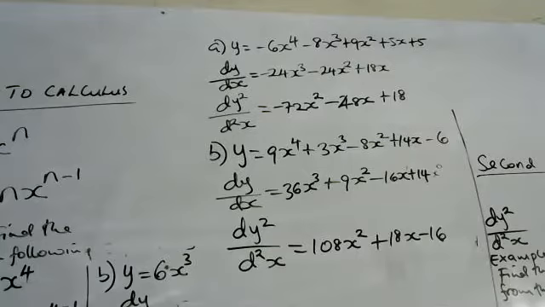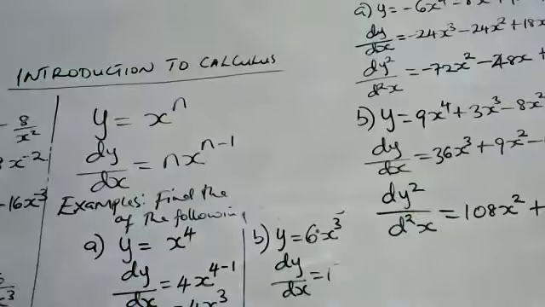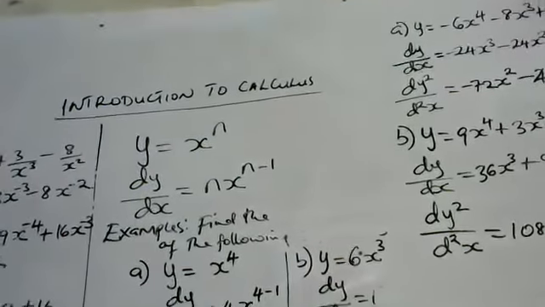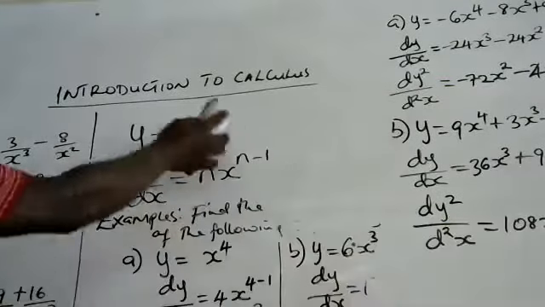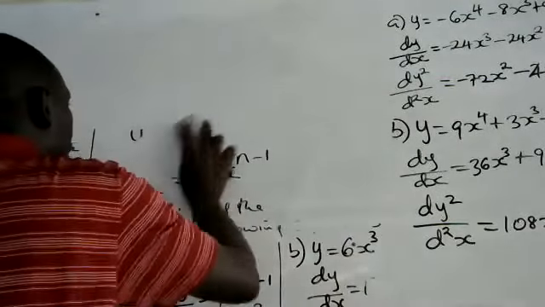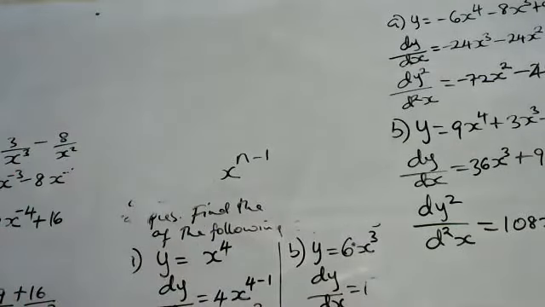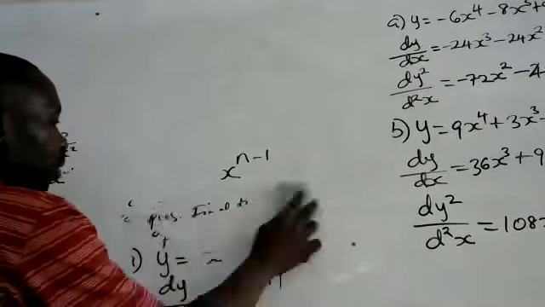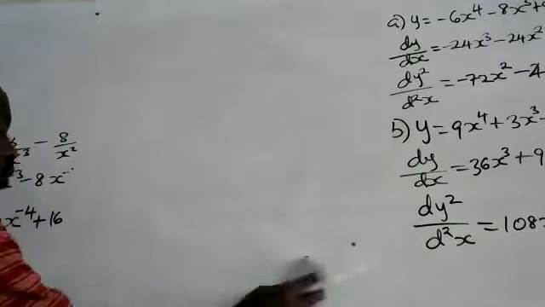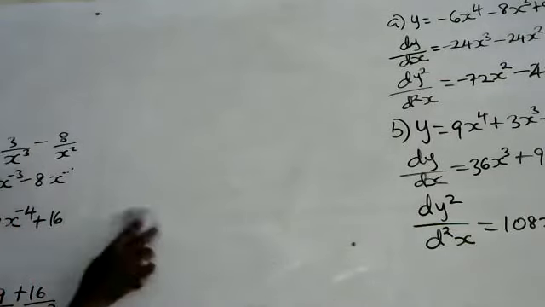After doing that, now we can go to another subheading on the same topic, which is known as turning points. You can just indicate there: turning points. You note that they are also known as the stationary points.